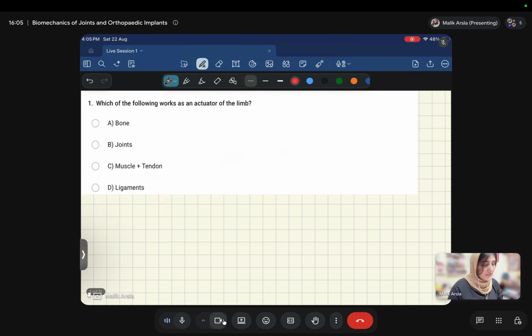Okay, so starting from the first question, I want this session to be a little interactive, so if you guys know the answers, you can tell me. This first week was mainly about the anatomical introduction: first the skeletal system, and then the different types of joints we have in the skeletal system.